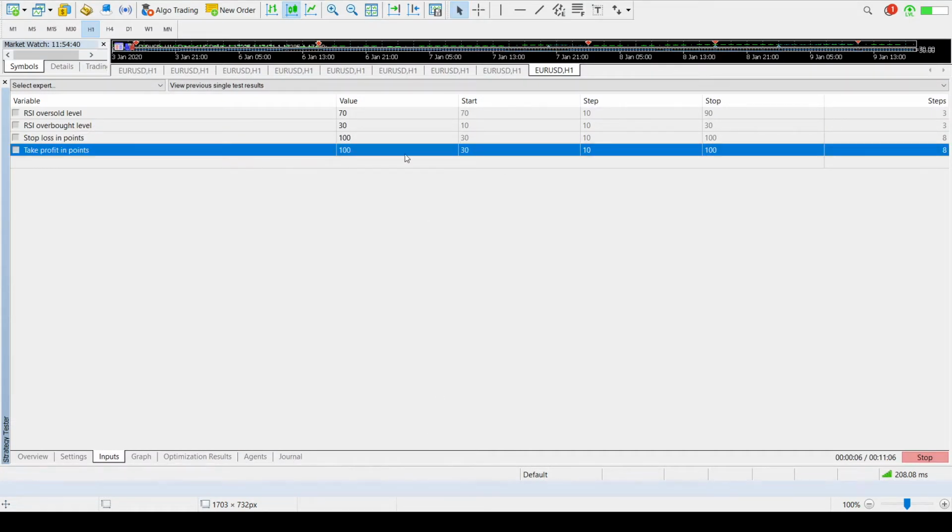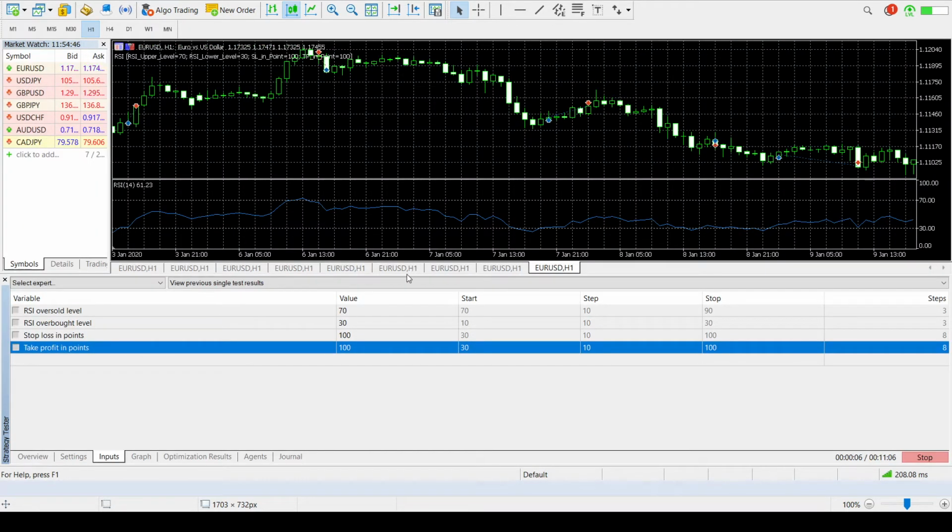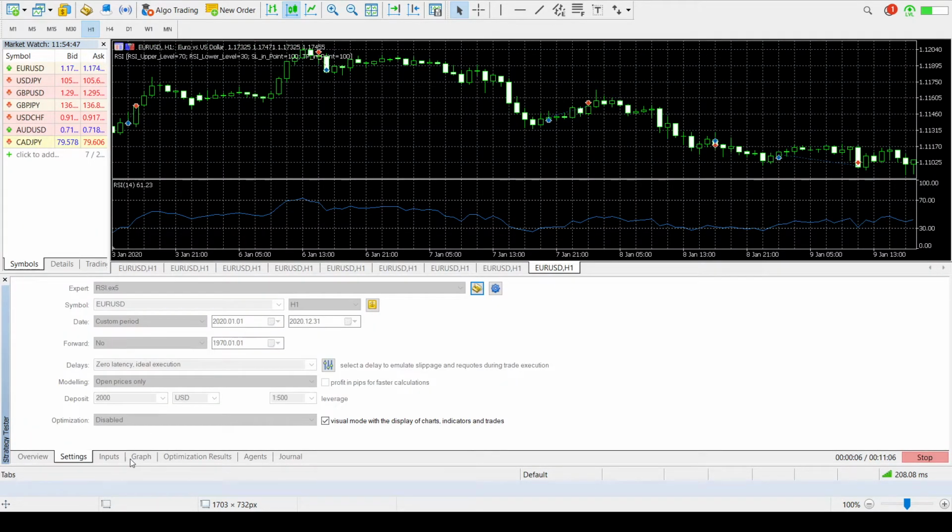In the MT5, in the EA sessions, we will perform the backtest from year 2000 to year 2020. So at the end of this backtest, we will be able to see the result of the backtest.